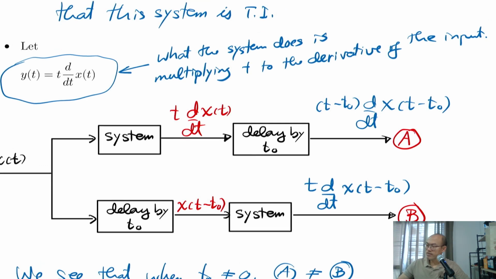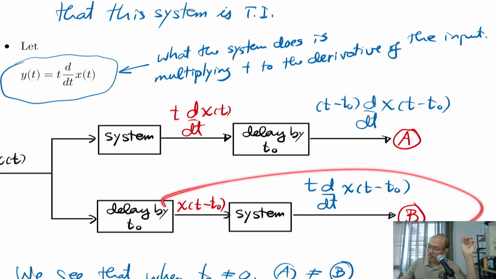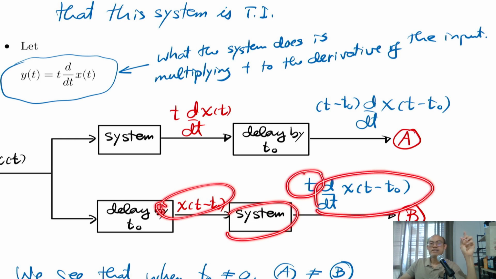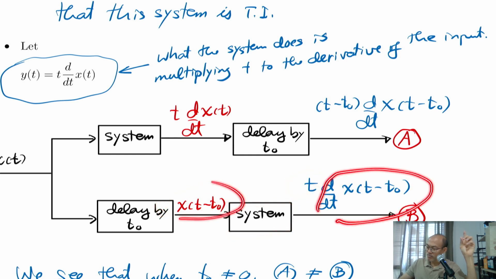Do we agree on this one? This equation means the system takes the derivative of the input and then multiplies the result by t. Now look at this one. This is exactly the same system. This is the input, so it takes the derivative of the input and then multiplies by t. See? This is the derivative of the input, and then multiplied by t.